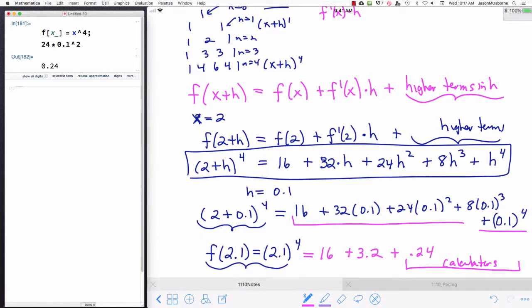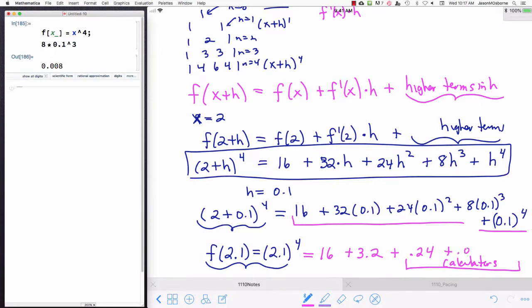I think I'm seeing a pattern here. 0.1 cubed should be 0.001, and then multiply that by 8, and you should get 0.008.